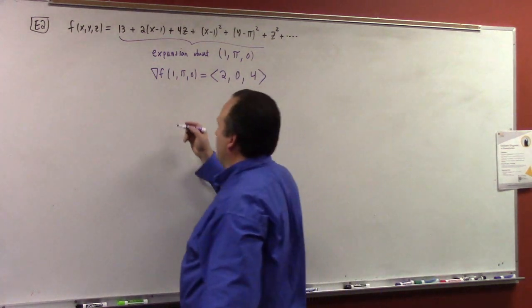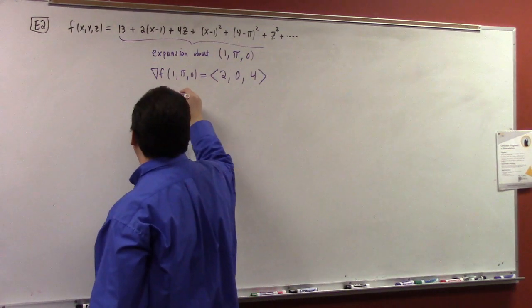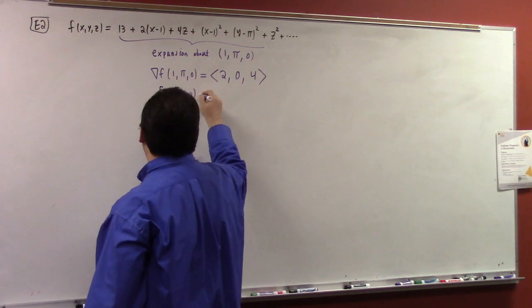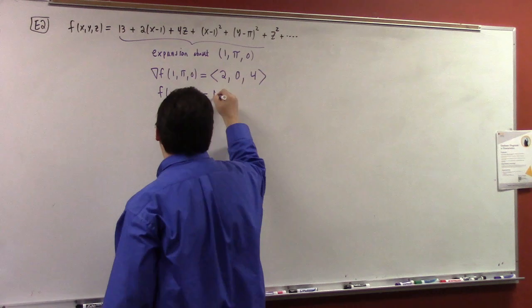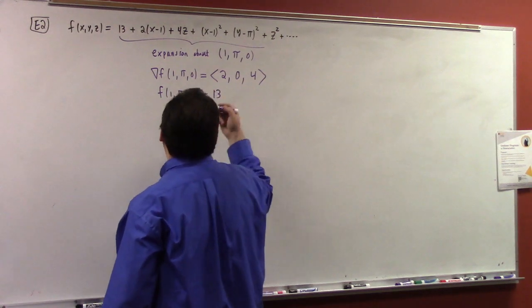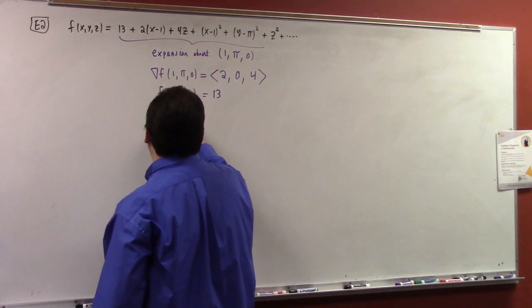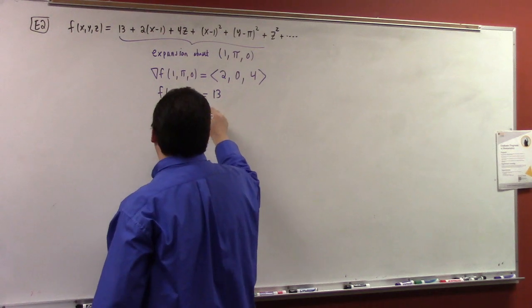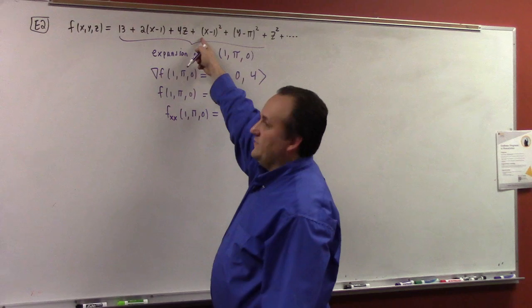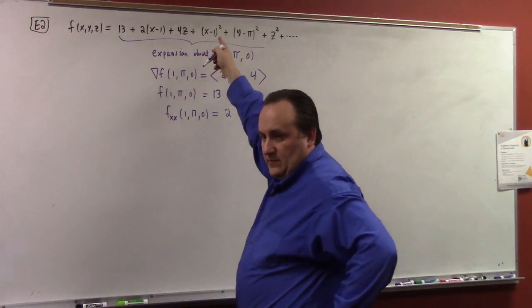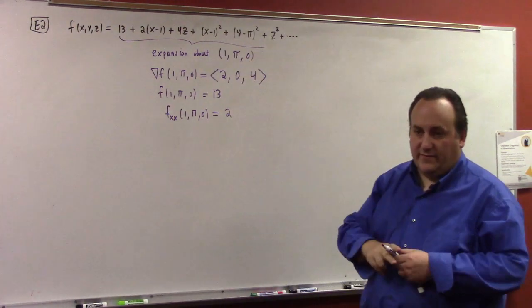You can see there are other easier things, like, here's the lowest hanging fruit: what's the value of the function at the point? Well, 13. What else can I tell you? I can tell you the xx derivative at the center point is in fact equal to 2, because in order to get a 1 there, I have to have 2 times 1/2.